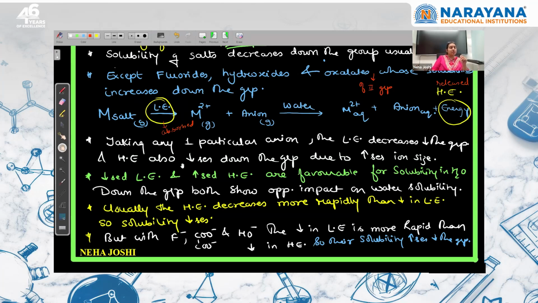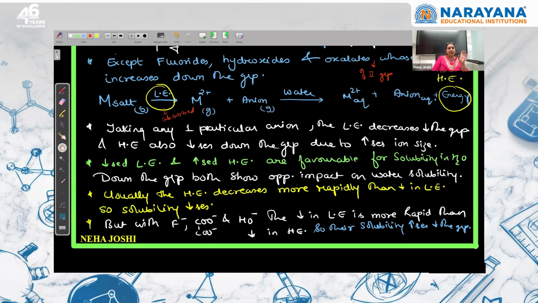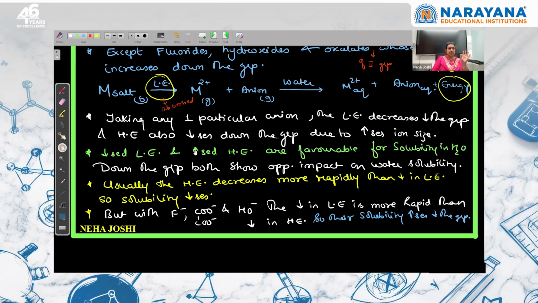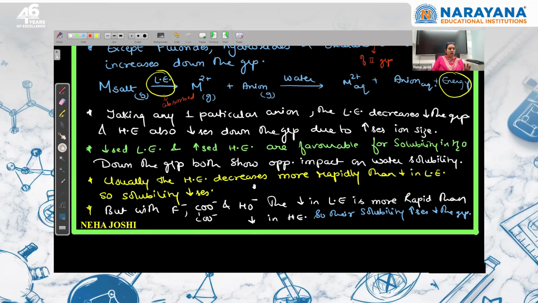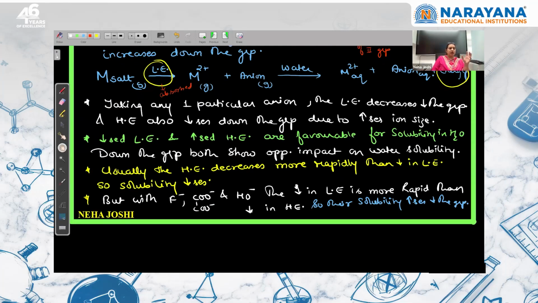Now, taking any one particular anion, say carbonate or sulfate or anything like this, the lattice energy decreases down the group. Hydration energy also decreases down the group. Why?